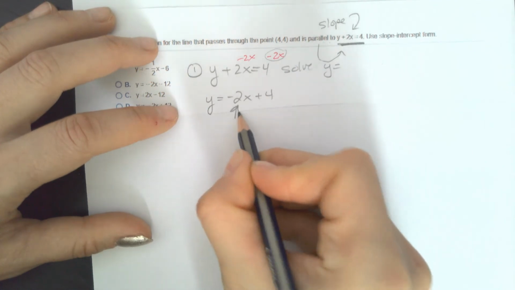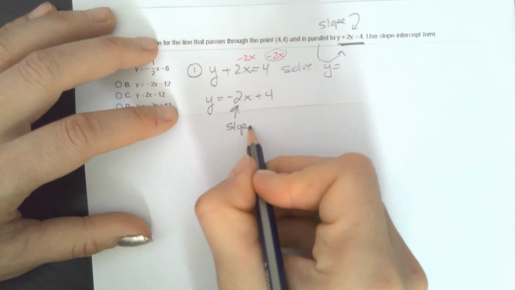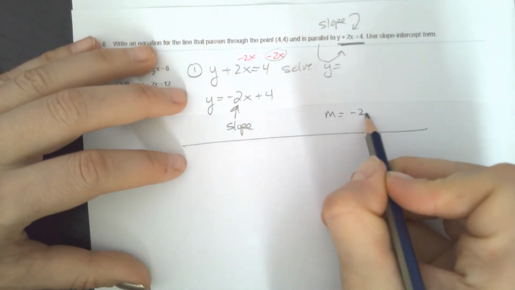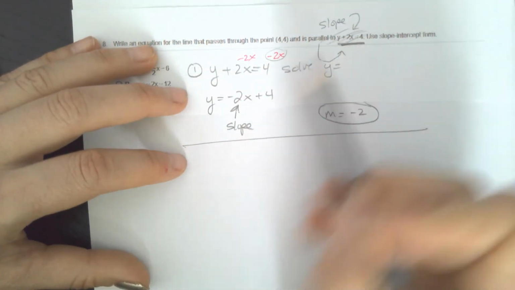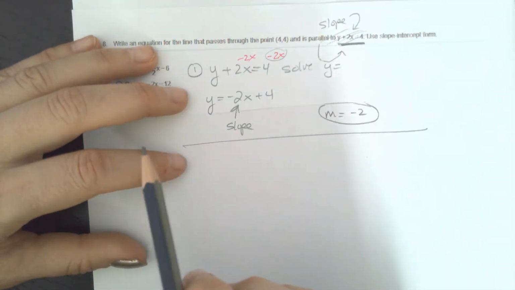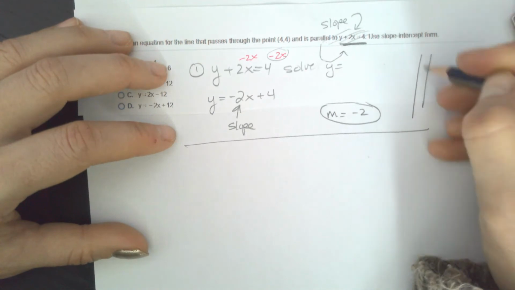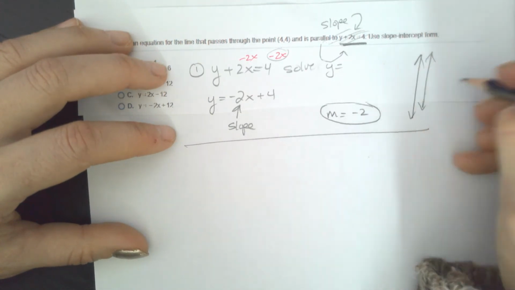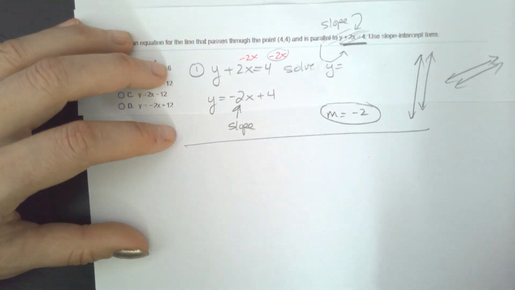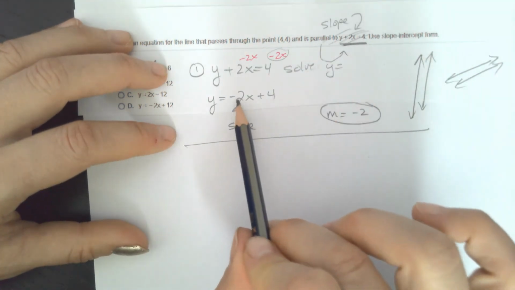Okay, so there's my slope. So now I know my slope equals negative 2. I'm done with this information. So I know my slope is negative 2, because if the lines are parallel, it means the slopes are the same. Okay? So that's why we just take the same slope.